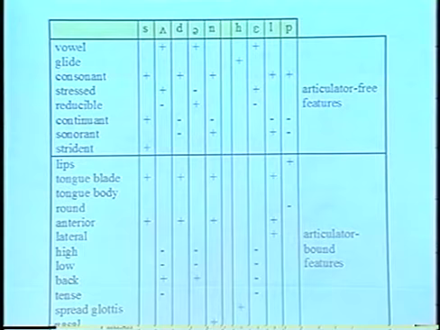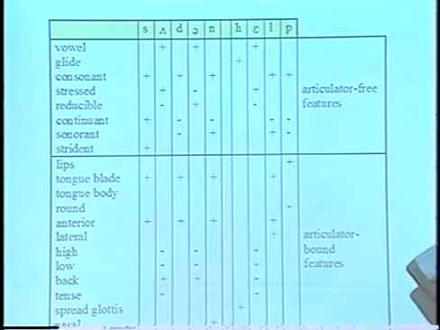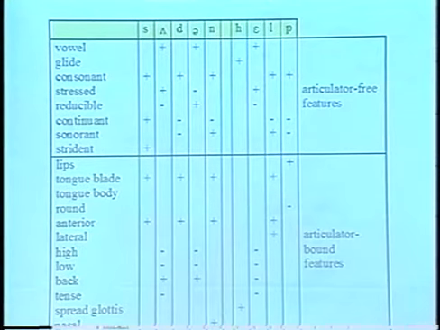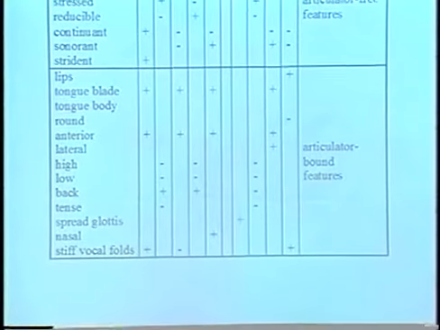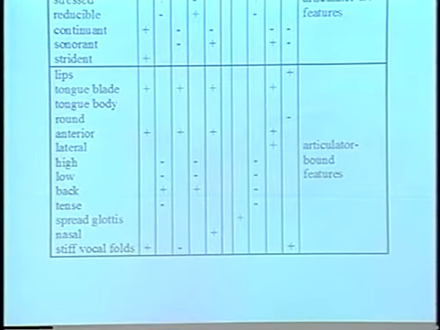Or if it's a consonant, it's a continuant, or a sonorant, or a strident. And as we'll point out, those particular features are responsible for creating special kinds of landmarks in the signal. And in the vicinity of those landmarks, quite often there are cues or information about the articulator-bound features, which are expressed in terms of articulators or what you do with those articulators.